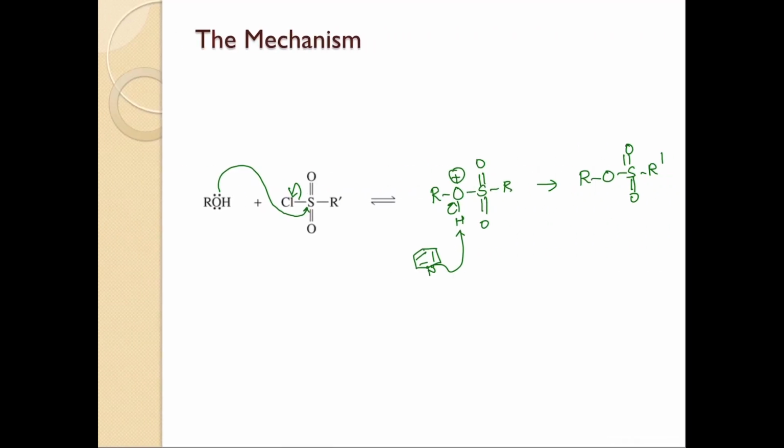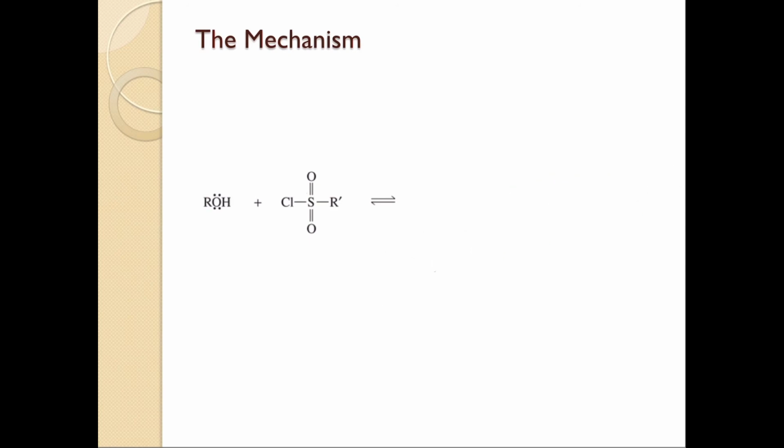Let's look into the mechanism for this reaction. First, an alcohol is going to react with the sulfonyl chloride. Remember, you can use any of these sulfonyl chlorides based on what the R is. In the first step, the lone pair of electrons from oxygen attacks the sulfur, and it thrusts the chlorine out.